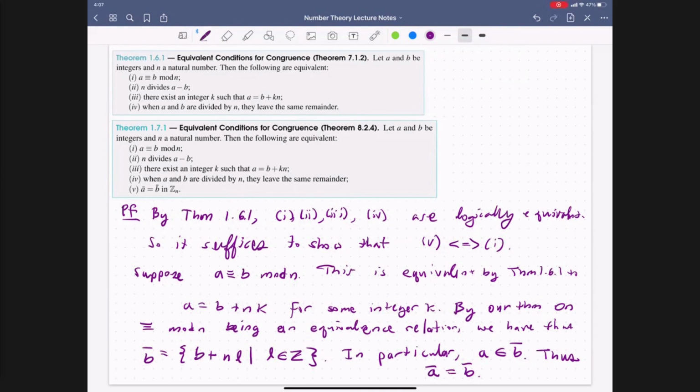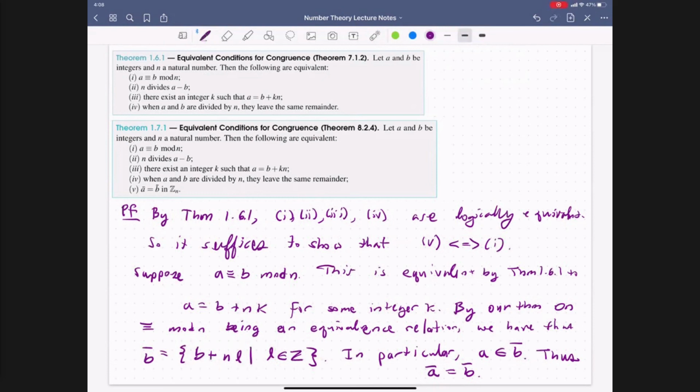And so now we go backwards, and this whole process is reversible, because if we have A bar is equal to B bar, that means that A is in B bar, which in turn tells us that A is in this set here, which is how we define B bar. And so all of this is reversible.